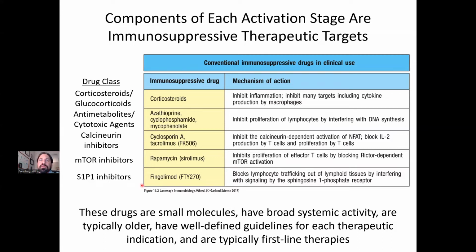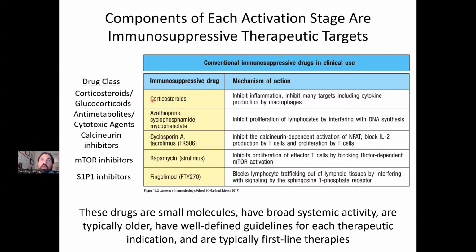And all of these in the table are also small molecules. Because they're made in an organic chemistry lab, for lack of a better term, these molecules are orally taken, or they can be topically taken, and they have great shelf life, easy to store, and they're very effective at shutting down inflammation.